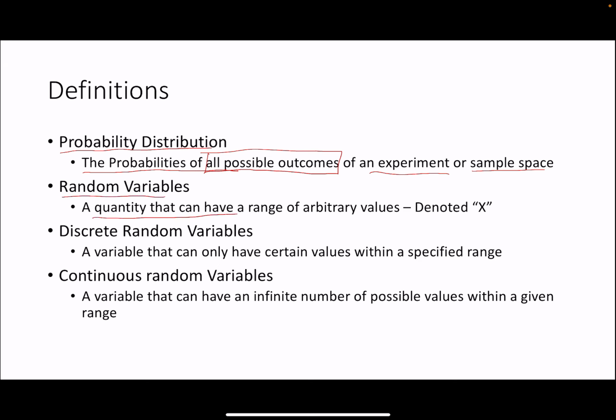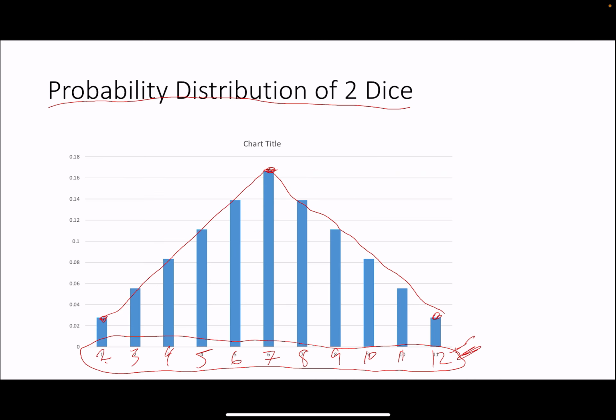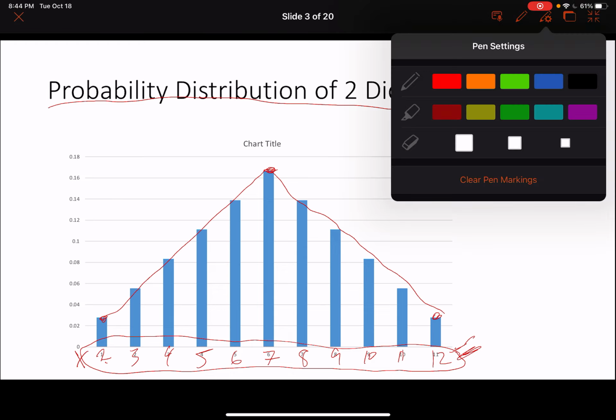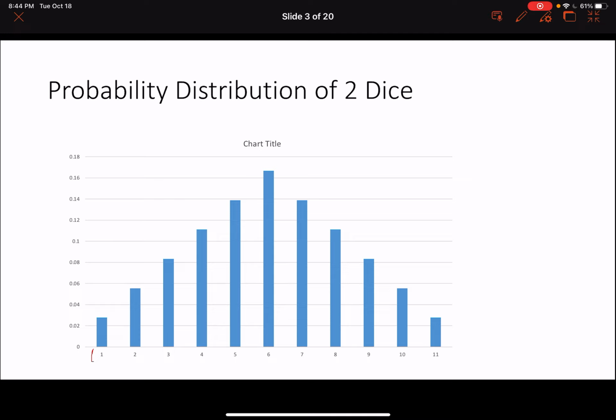A quantity that can have a range of values, arbitrary meaning random, denoted X. So these are my random variables over here, starting at 2, 3, 4, 5, 6, 7, 8, 9, 10, 11, and 12.